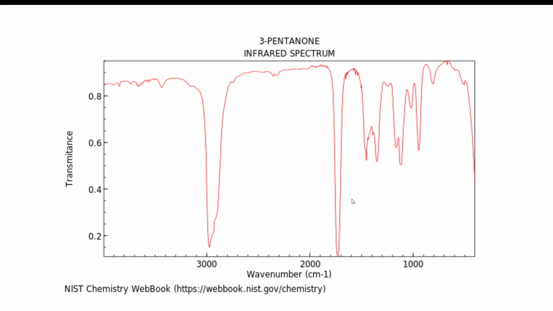And this deep one right here is indicating for us that we have a C double bond O. And when that's in the 1700 range, that's going to be a good indication that we have a C double bond O. And that C double bond O really absorbs that 1700 color, whatever color ends up being there, it really absorbs it well. So we get a nice, deep, thin peak right there.